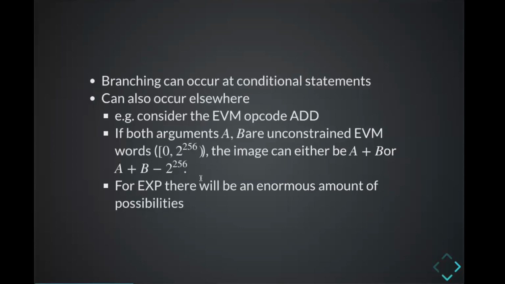So in that case, branching will occur during symbolic execution. And for example, for the opcode EXP, which does exponentiation, you can probably think that there will be an absolutely enormous amount of possibilities. And this is called path explosion.